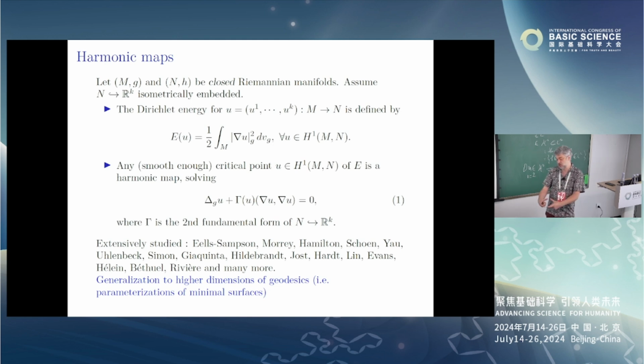If I'm looking at a domain with boundary in Rn, I put a nice boundary condition, I can always use the direct method of the calculus of variations to produce a weak solution. But here, the geometric problem is that you are without boundary. So existence is also an issue. From the mathematical point of view, this problem is pretty interesting because both existence and regularity are issues in themselves.